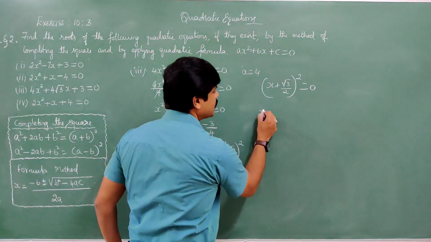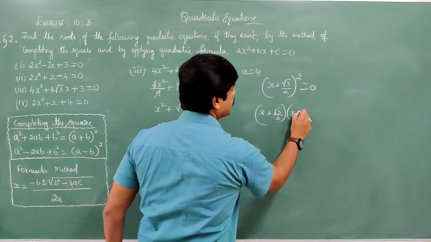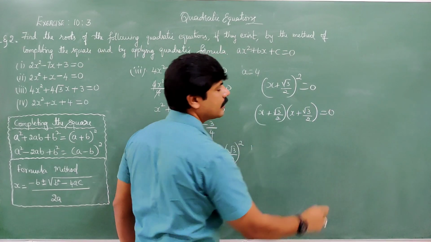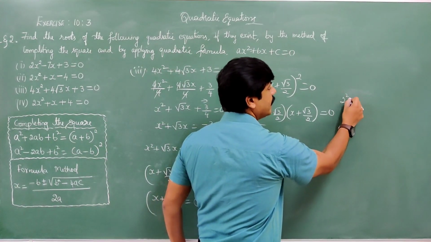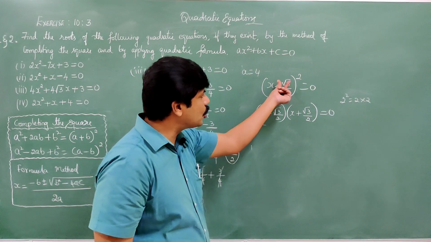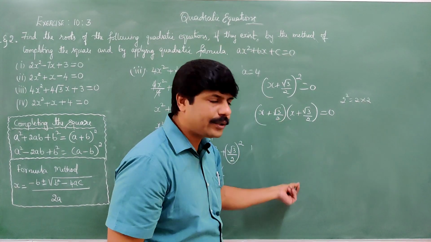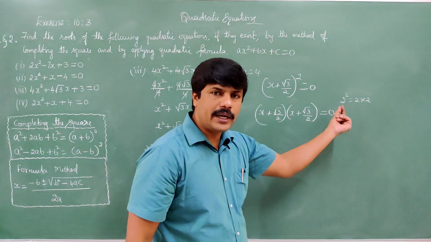Instead, x plus root 3 by 2, x plus root 3 by 2, because 2 square can be written as 2 into 2. In the same way, x plus root 3 by 2 whole square is written as x plus root 3 by 2 into x plus root 3 by 2. Okay. So now equate each individual term with 0.